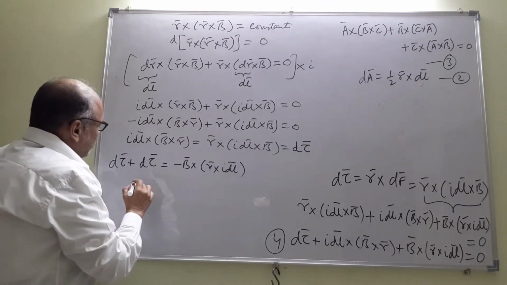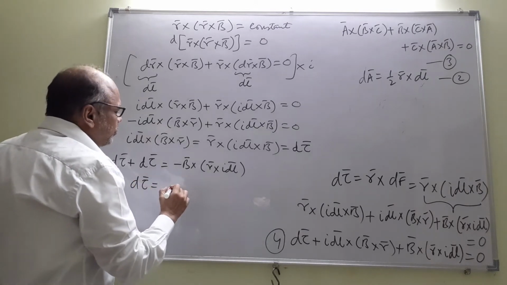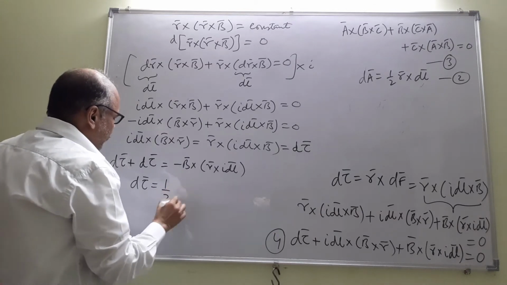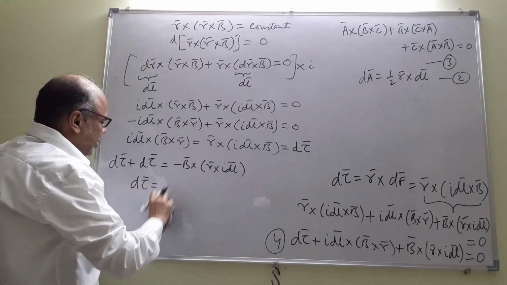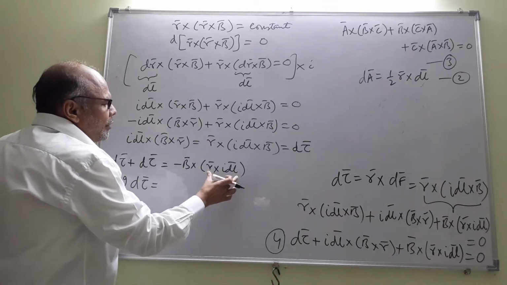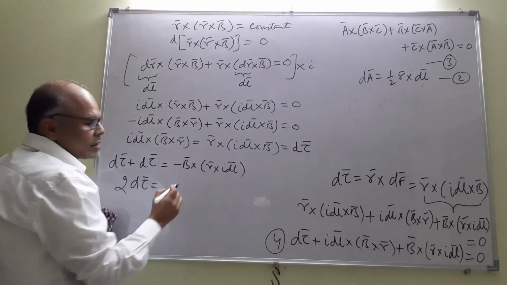So 2 dτ is equal to, now I will interchange these two terms and get rid of this minus sign.